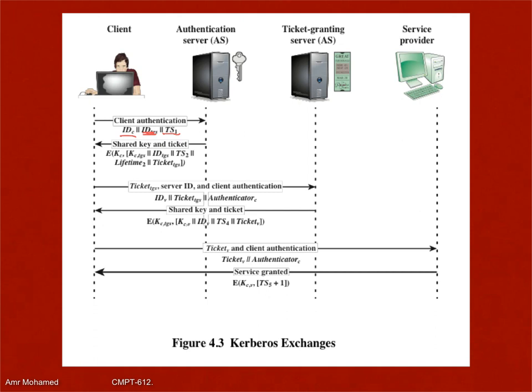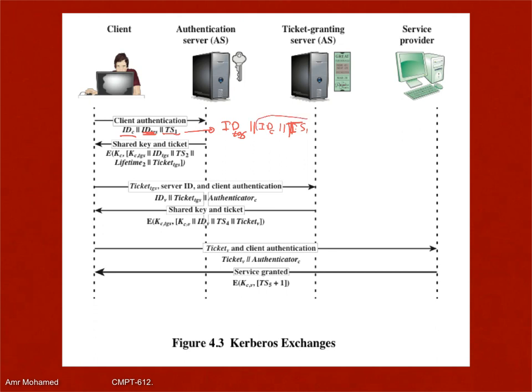Okay, so I like to put this message in a slightly different form. It's the ID of the ticket granting server, and this is what you want to communicate to. And by that, you are representing yourself using the ID and the timestamp. It's the same, but it's just switching, and I'll tell you why I'm doing this.